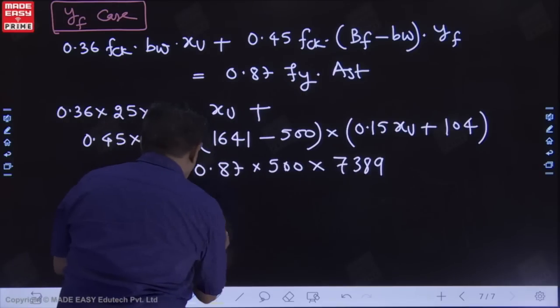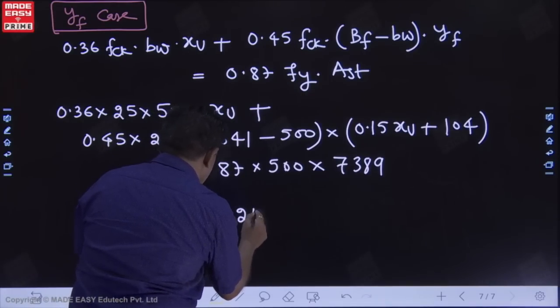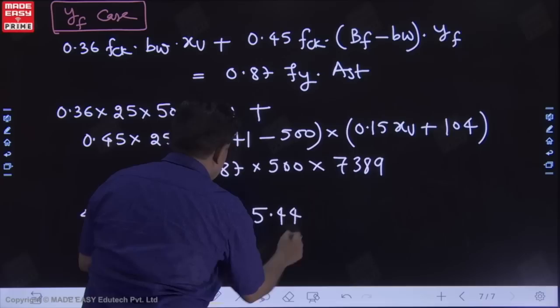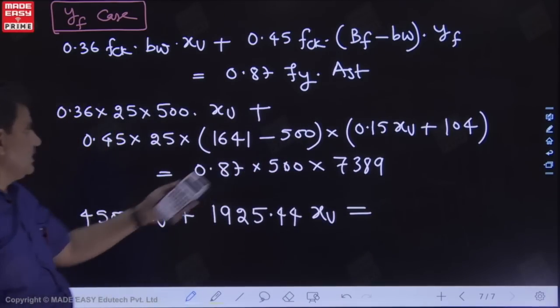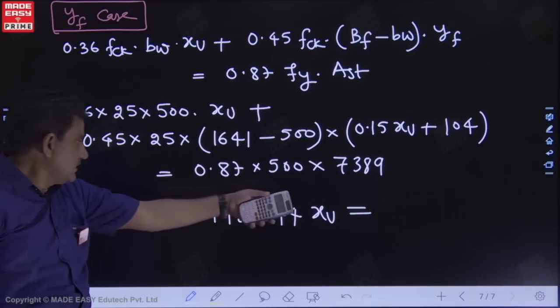This is 1925.44, let us say, XU, and this will be equal to the remaining value. Let's write here.